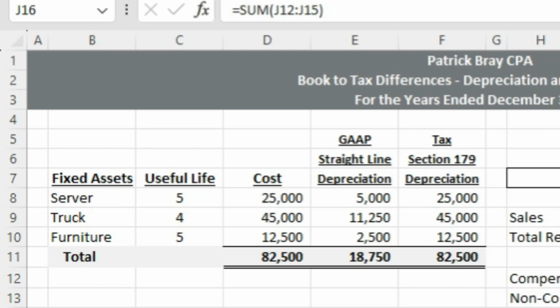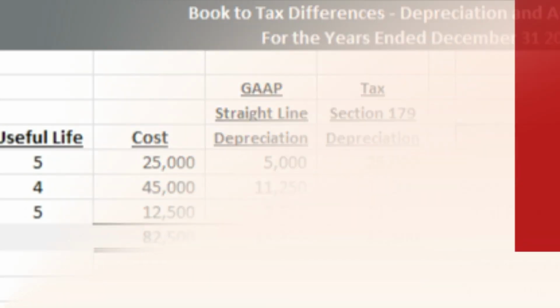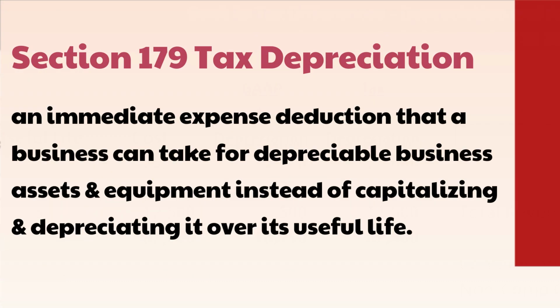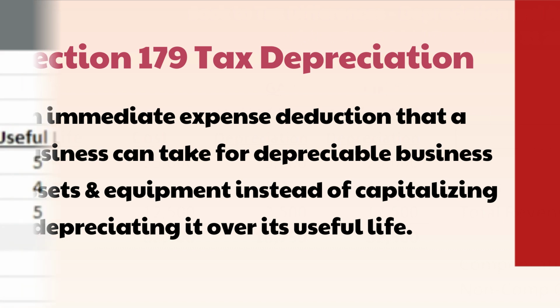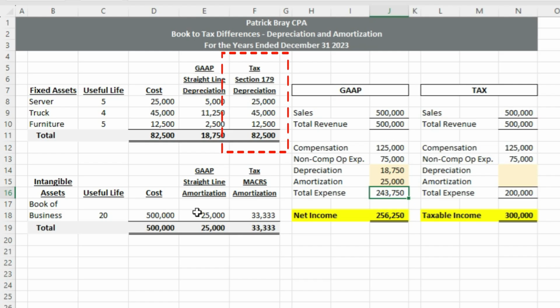In this example, we're going to assume the fixed assets that we have purchased are eligible for Section 179. And Section 179, if you're not familiar with that, gives you the ability from a tax basis to take the full cost or the expense of that fixed asset in the year that you purchased it.